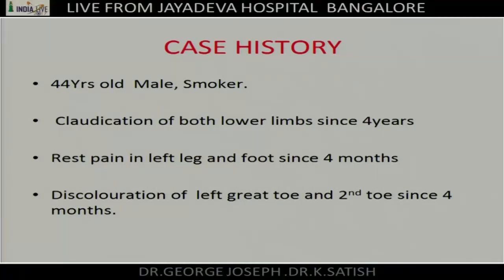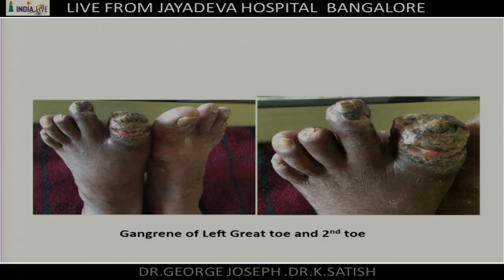We have a youngish male, 44-year-old smoker who presented with claudication in both lower limbs, chronic, but it has got worse on the left side over the last 4 months, and he has developed some gangrene of the toes in the left foot. Next slide. That's the picture of the toes. You can see the gangrene of the first and second digits on the left side.